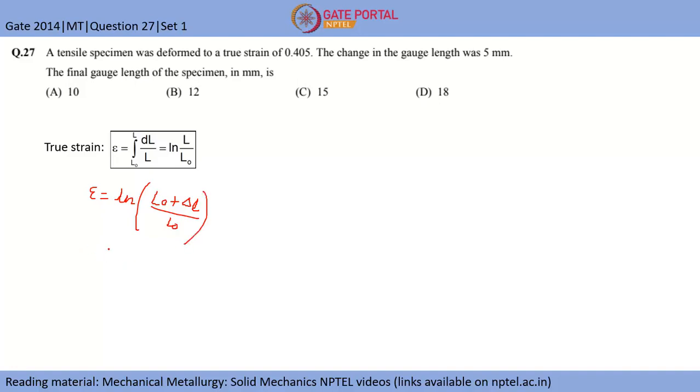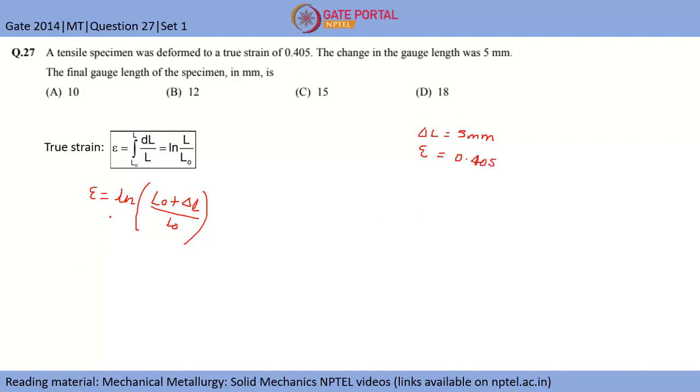Same thing we have written in a different way, where delta L is the change in length. We have been given delta L to be 5 mm. It is specified the change in gauge length is 5 mm and true strain, which is epsilon, is 0.405.